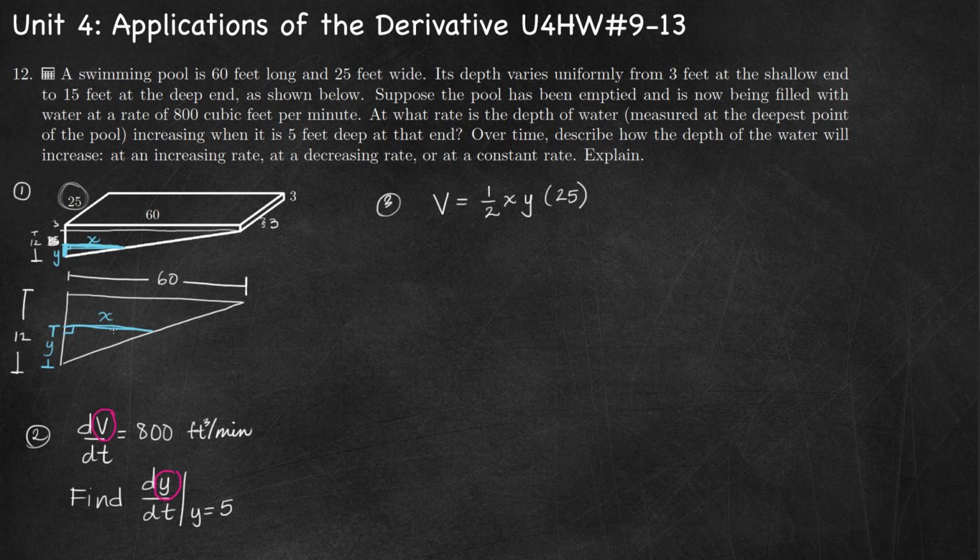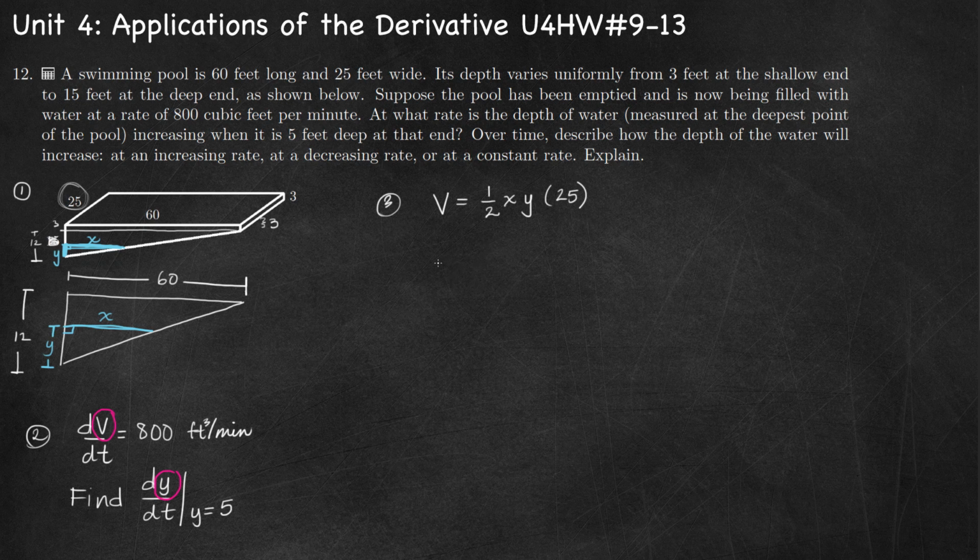Well, we've got this small blue triangle here sitting inside of a larger triangle. So I can use the fact that these are similar triangles to set up a proportion. I know that the ratio of the legs in the smaller triangle will be the same as the ratio of the legs in the larger triangle since they are similar triangles.